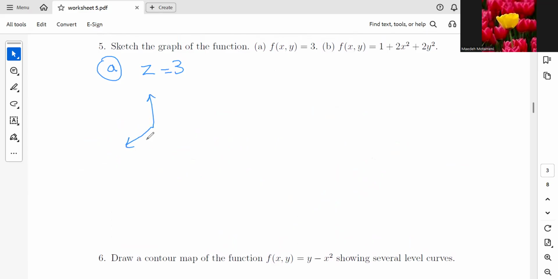So if I can write, it will be something like this. 3 here, a plane, horizontally standing at z equals 3. And it goes through the point 0, 0, 3.